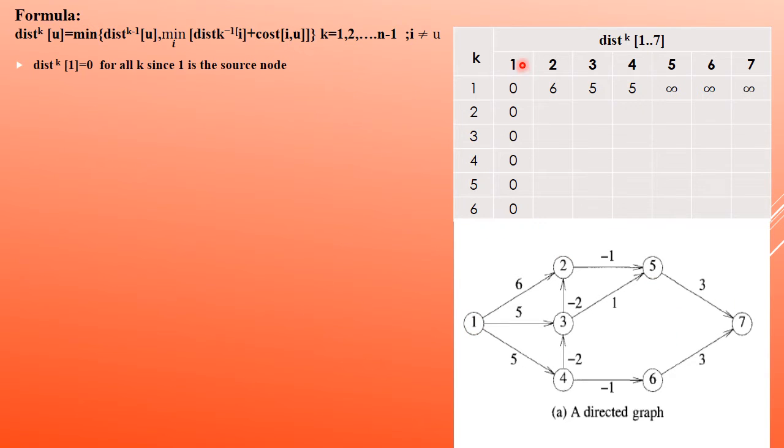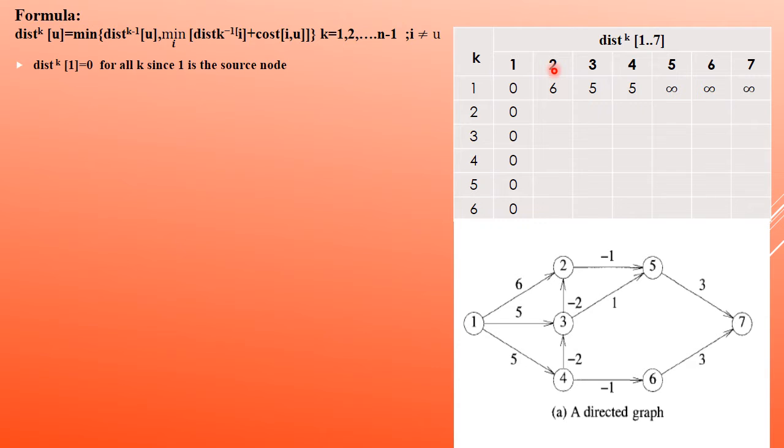The first column has to be the source node that you have considered, and that column needs to be filled with 0, as the distance from the source node to itself is 0. In the first iteration, these are nothing but the edge weights from the source node to the particular node.